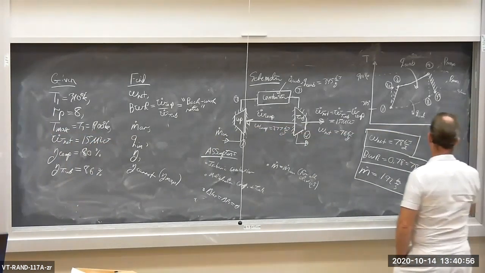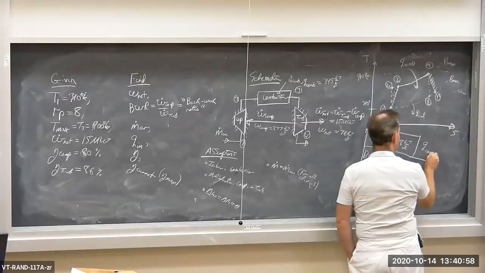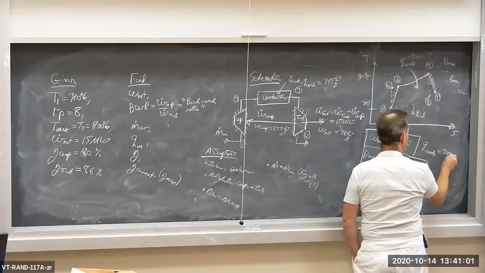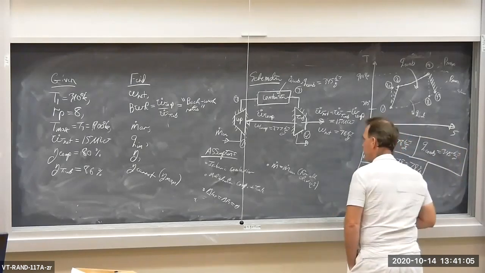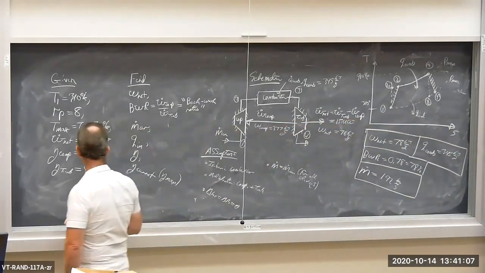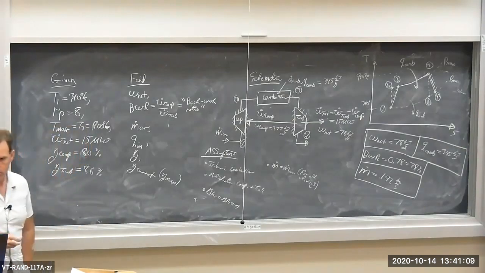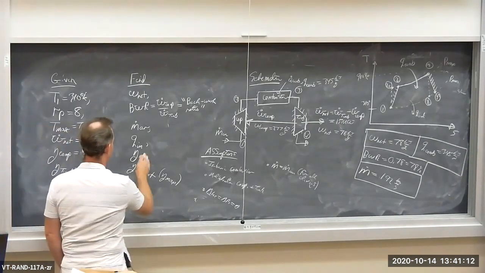Let me write it here. Q combustor, 345 kilojoules per kilogram. I'm going to box that up too. A lot of stuff to calculate here. So that's the Q in, my Q combustor.